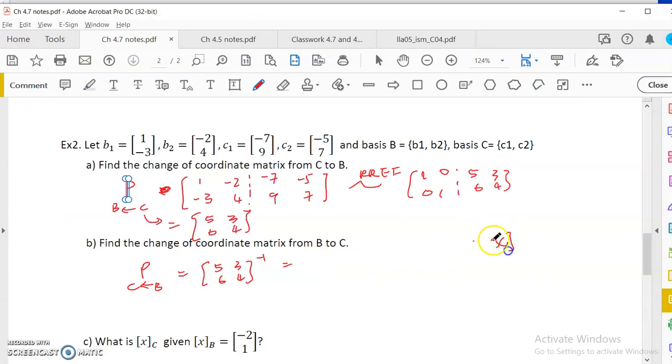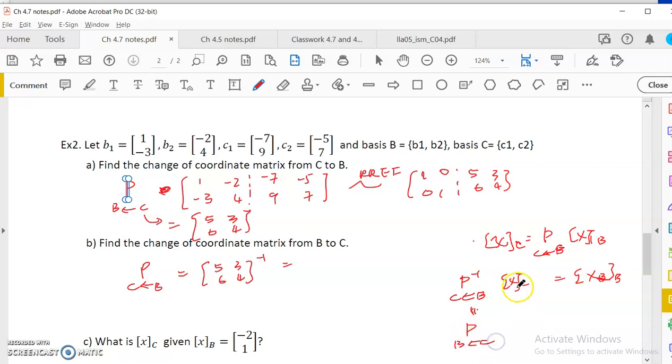So the matrix in C is equal to the change of base from B to C times x in terms of B. And you can see that if you want to write it in B, I write it in front like that, then you would just do the inverse. X of C. And this is equivalent to the matrix from B to C, right? You start with C and you get a B. So you can just do this inverse.